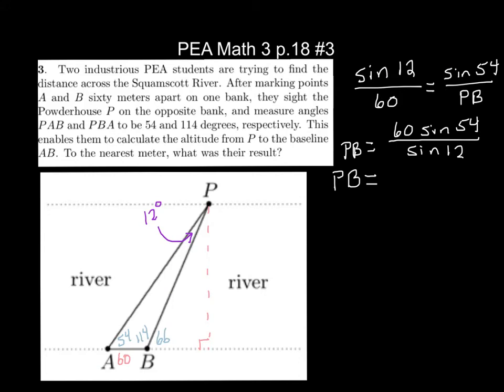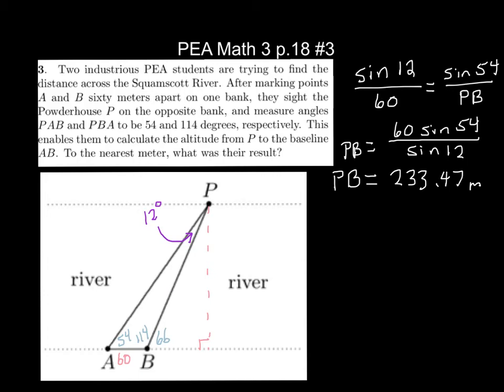And we end up with PB being equal to 233.47, and that is in meters because the 60 was in meters.